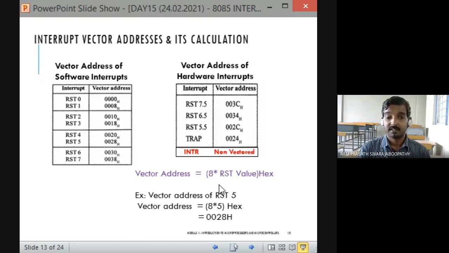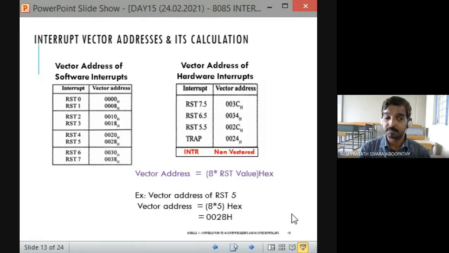With that, it doesn't know from where it has to call the program, from which memory location. So it has to read the address. It generates one more INTA cycle and reads the lower byte. Then it generates one more INTA cycle and reads the higher byte. So 3 INTA cycles are involved if the input device is giving a call instruction to the CPU.